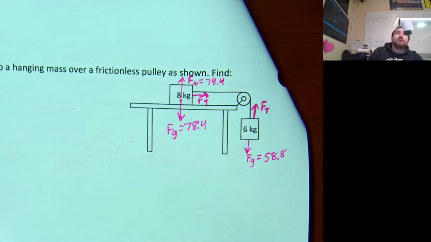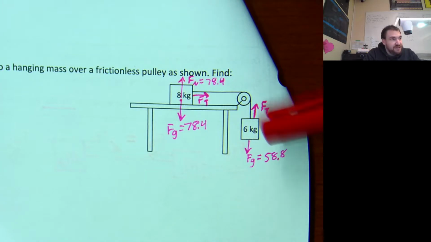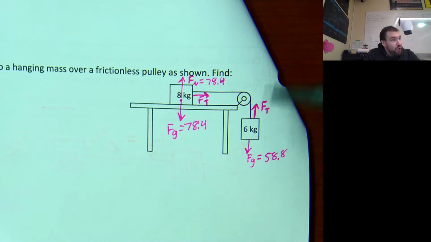So then which way do we want to consider positive in this system? For the 8 kilogram block, or for the 6 kilogram block, or for both? I think you could have two directions. No, we want one direction. I'd stick to the right then, for the 8 kilogram block. Remember, if we're going right for the 8 kilogram block, what's that going to mean for the 6 kilogram block?